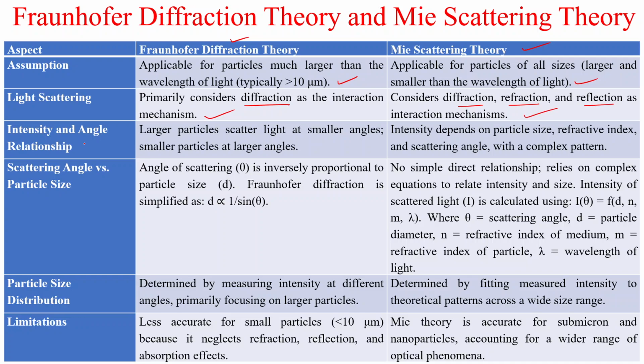Large particles scatter light at a smaller angle and small particles at a larger angle, this we know, and the intensity depends on the particle size, the refractive index of the medium, the refractive index of the particle, and the scattering angle, with a complex equation. In Fraunhofer it is a simple equation, d is inversely proportional to sine theta, and the intensity distribution pattern that comes will be converted to the size distribution pattern.